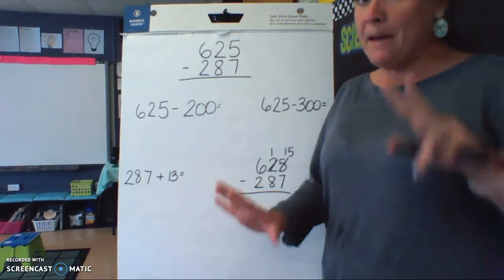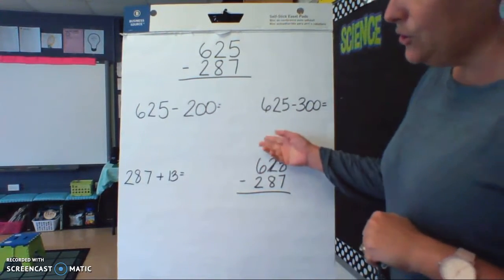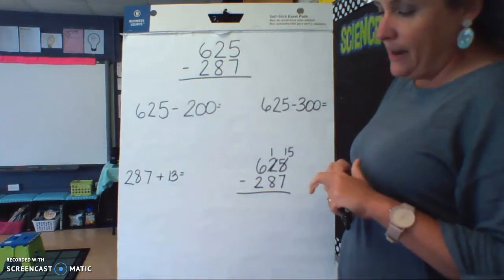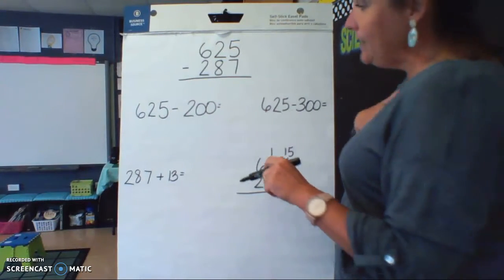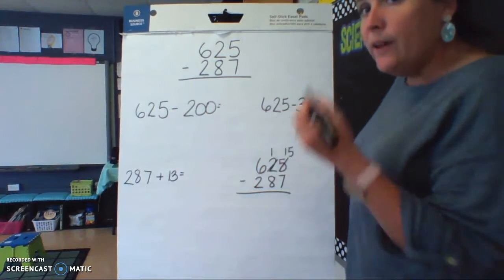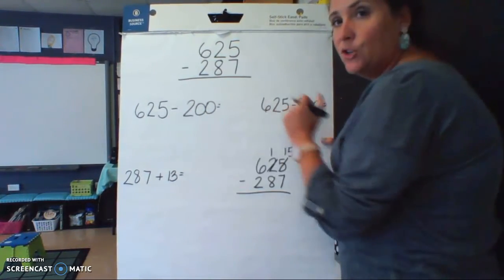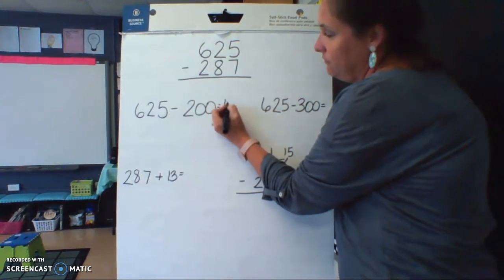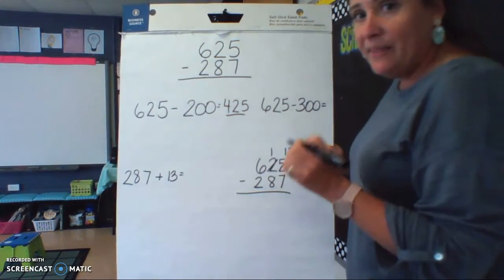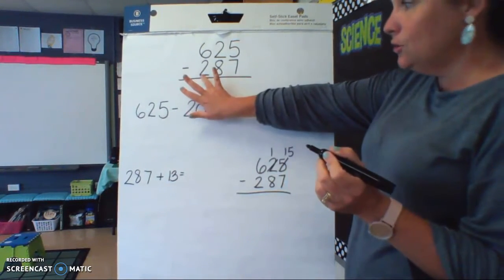All right, I'm back. So let's take a peek at these starter problems. Let's first start with the 625 minus 200. Now, I know that when I minus 200, I'm only taking away 2 of those hundreds, and my tens and ones are going to stay the same. So that's going to be 425, but I can't stop there because I've only taken away 200.